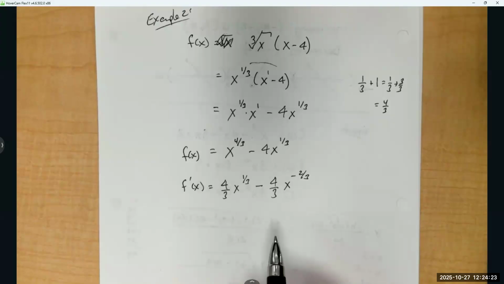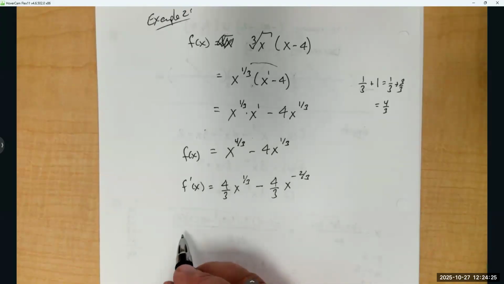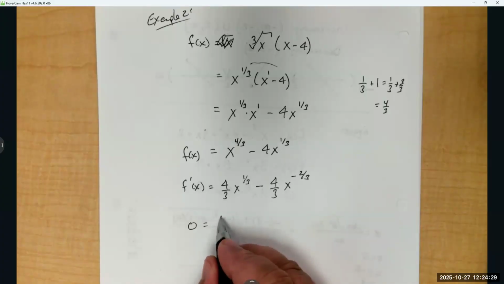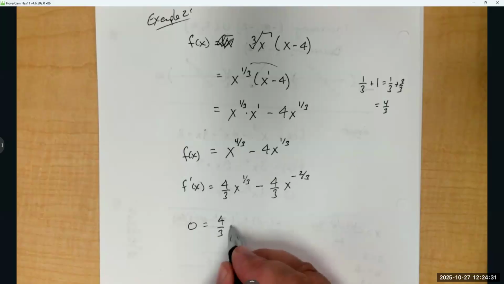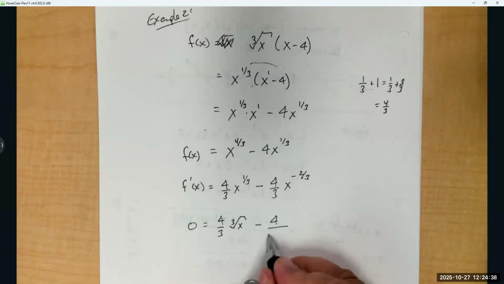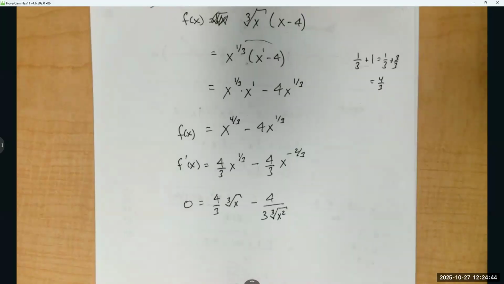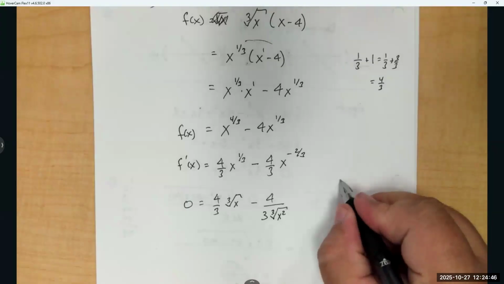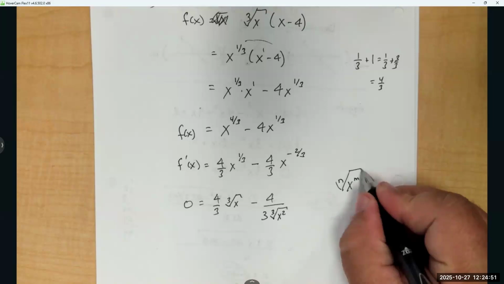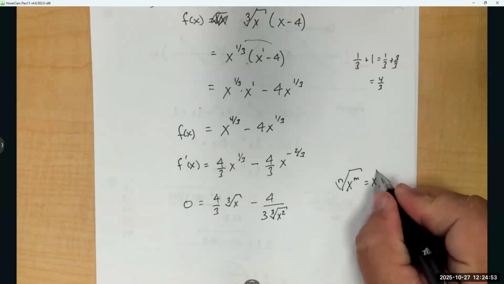So we took a derivative, set it equal to 0. Remember conversion.